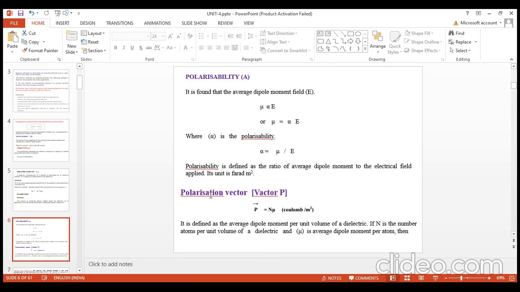When we introduce a proportionality constant alpha, it is called polarizability. Polarizability is defined as the ratio of the average dipole moment to the applied electric field. The unit of polarizability is farad meter square.